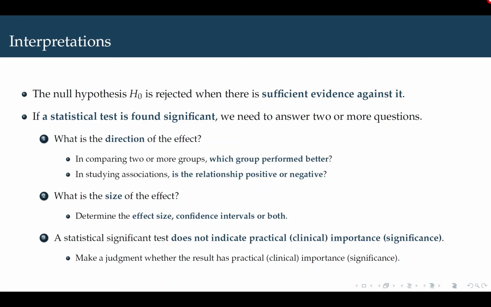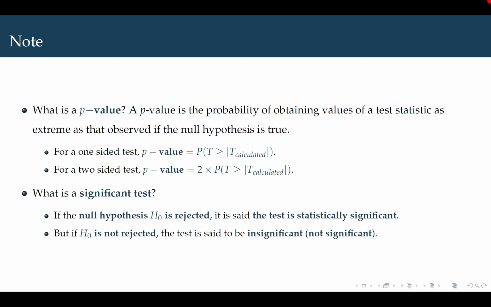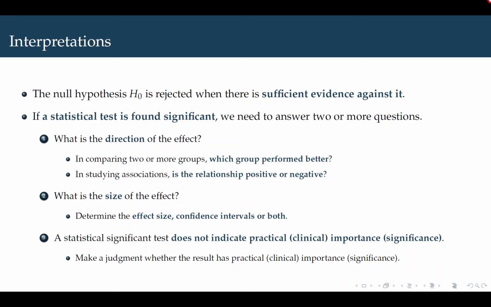So for the final interpretation, when the null hypothesis H naught is rejected, that means there is sufficient evidence against it. Once we reject H naught, or if the test is significant, there is sufficient evidence against H naught.